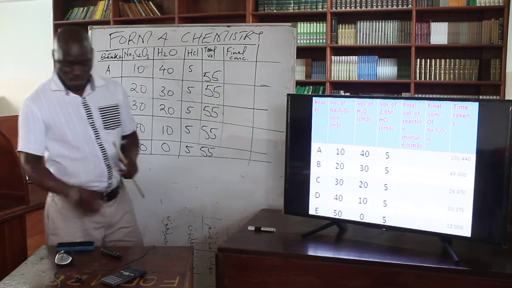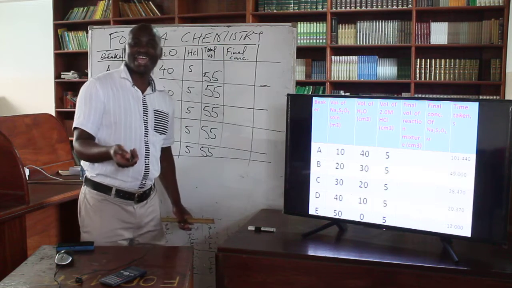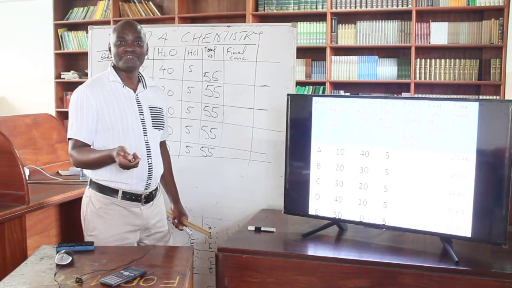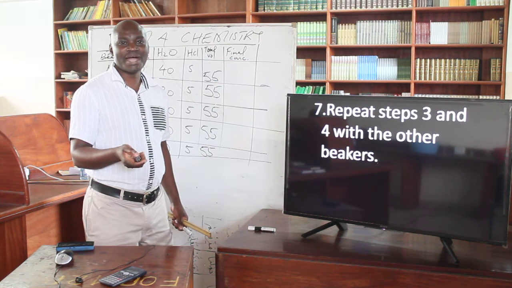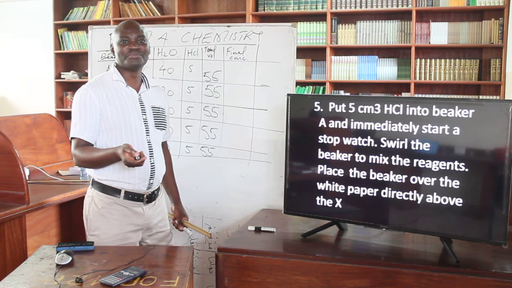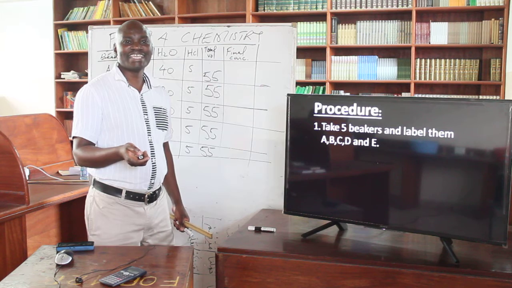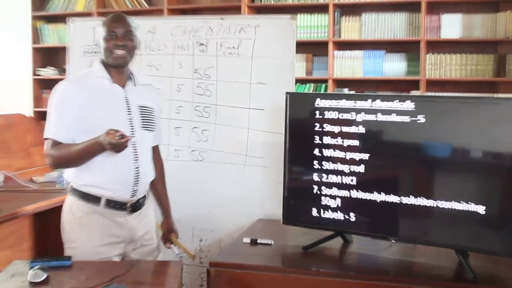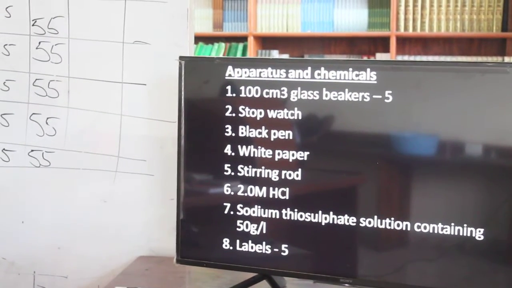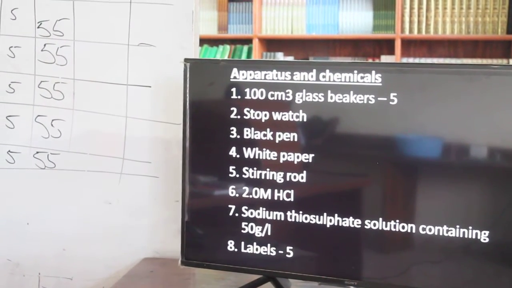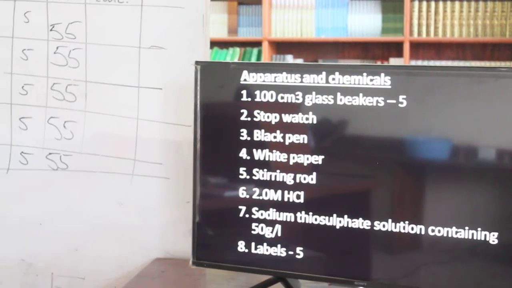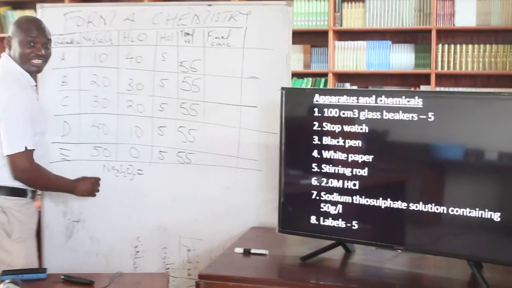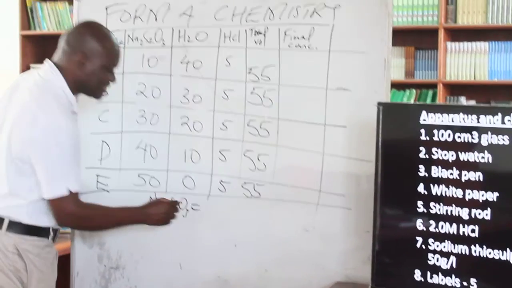So we need to go back to the information that was given. We were given sodium thiosulfate, made by dissolving 50 grams per liter.